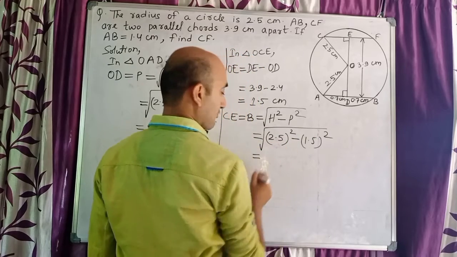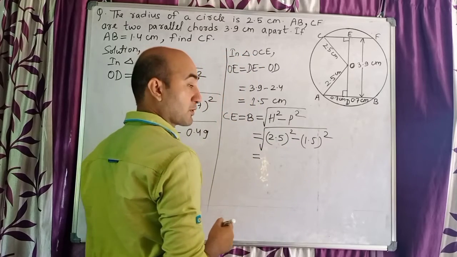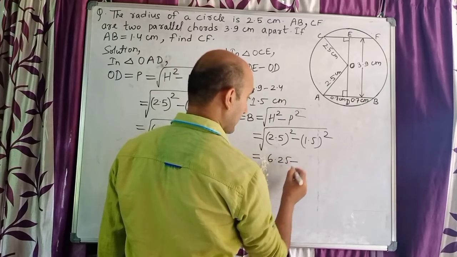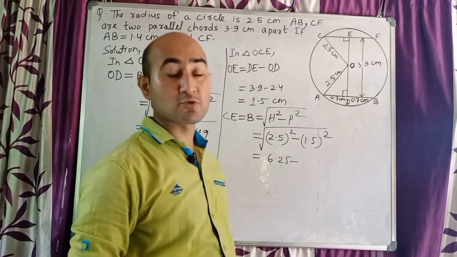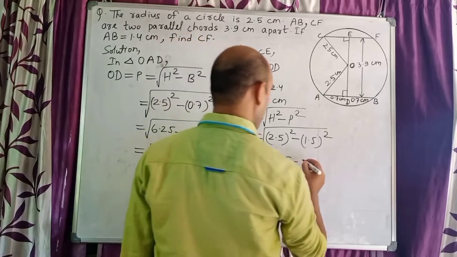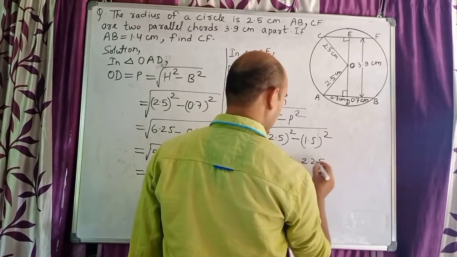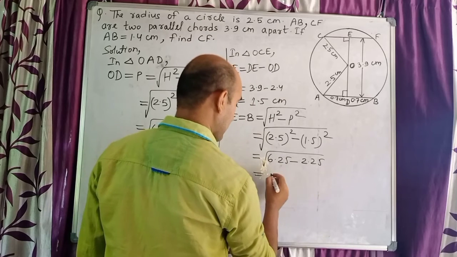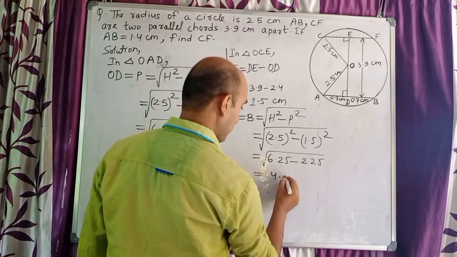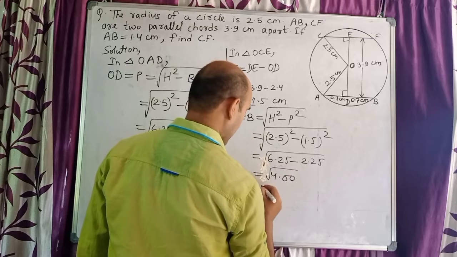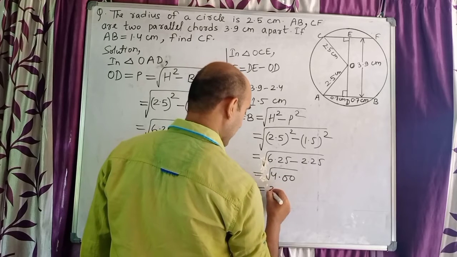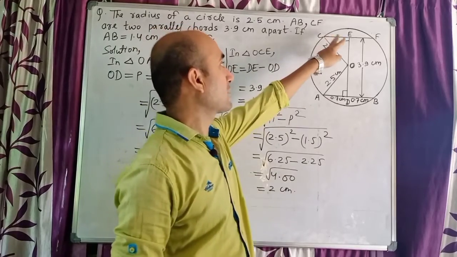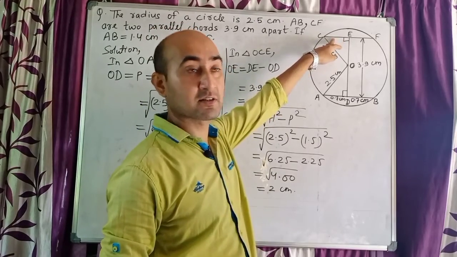Let me tell you, 2.5 square means 25 square is 625, but here I will write 6.25, minus 1.5 square is 225, but here I will write 2.25. So very simple now. Both of them will subtract and become 0, 0. So it is 4.00 root over, and root over 4 is actually 2. So 2 centimeter. So I got CE as 2 centimeter, children.